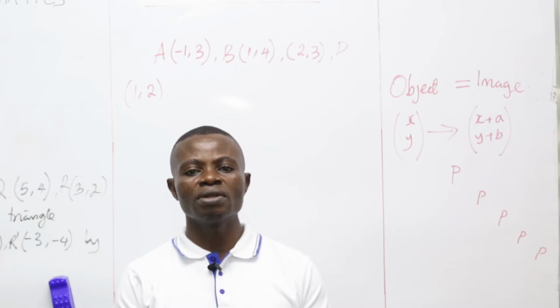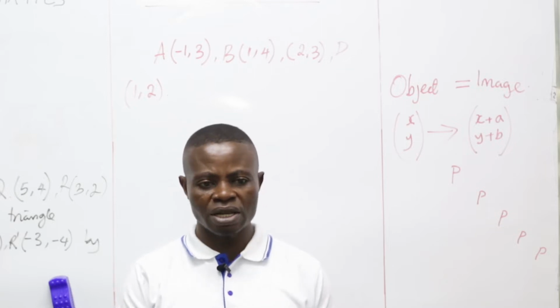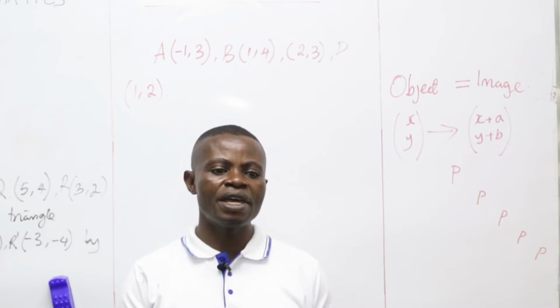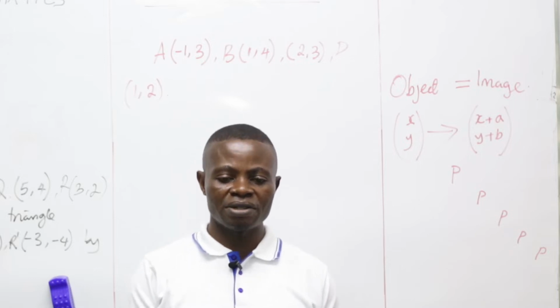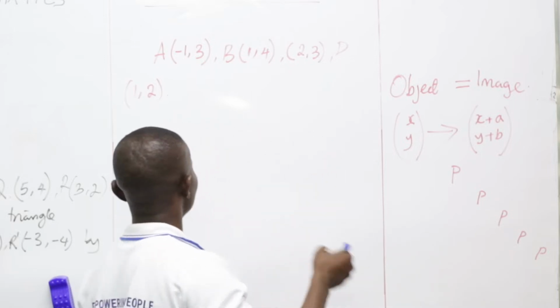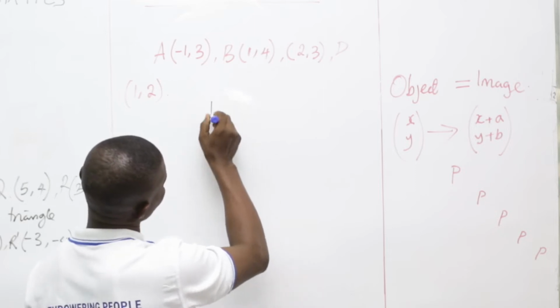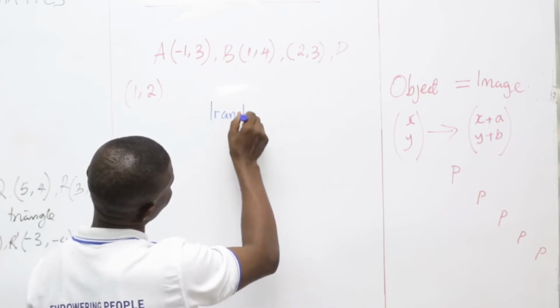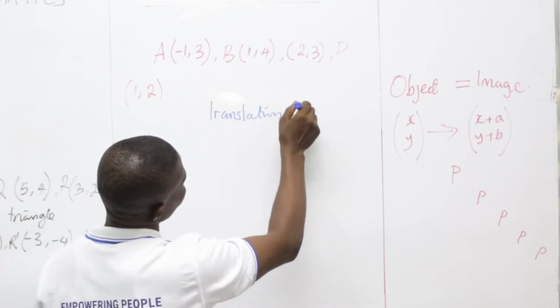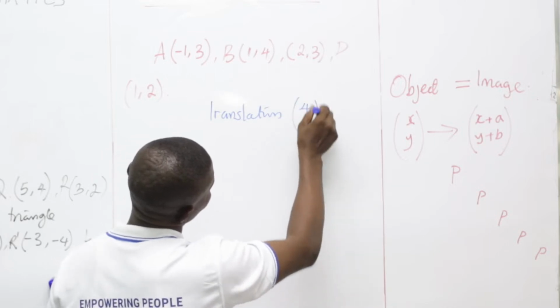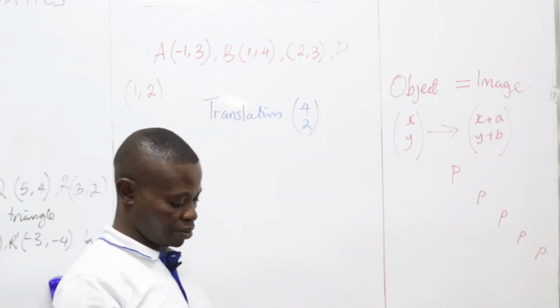So the question goes this way: determine the coordinates of the image of ABCD under the translation (4, 2). This is the translation.